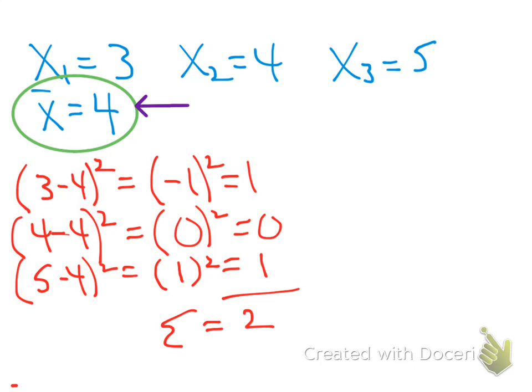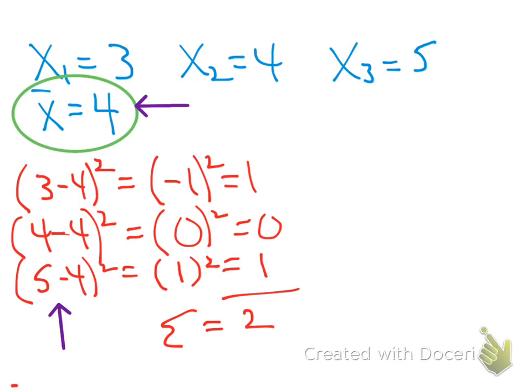Then what you do is you take each individual score, and that's these over here. From each individual score in the distribution, you subtract the mean, and then you square that difference. So 3 minus 4 is negative 1.